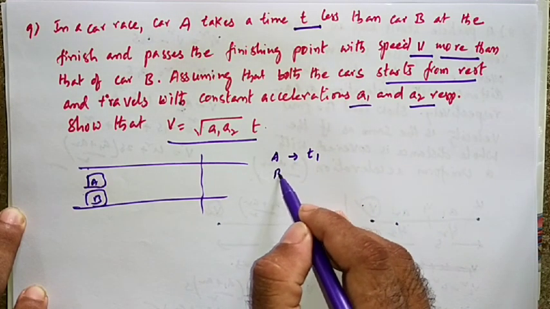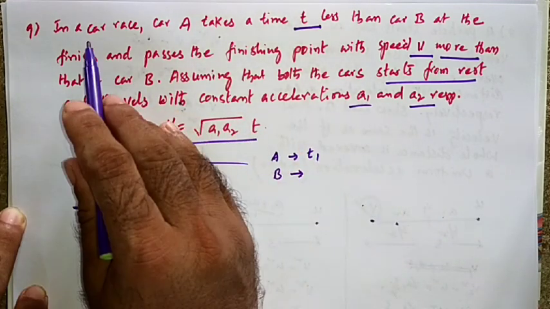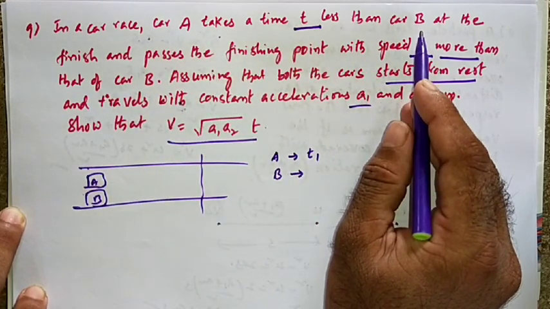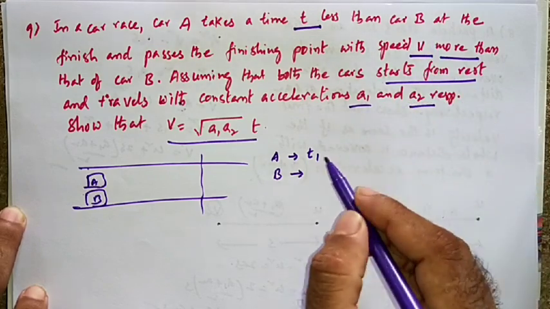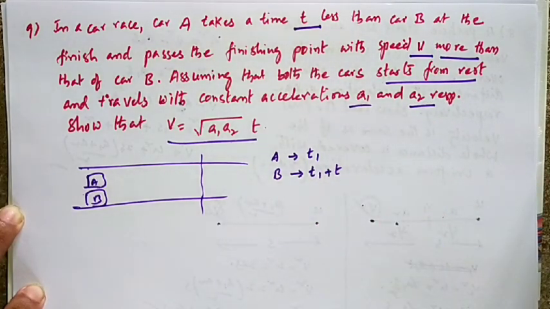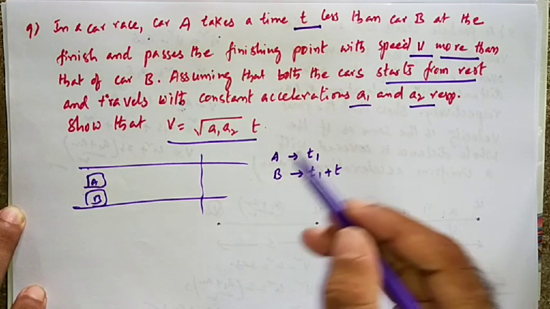Then what about car B? In a race, car A takes a time t less than car B. Understood? Then t1 plus t is the time taken by car B.